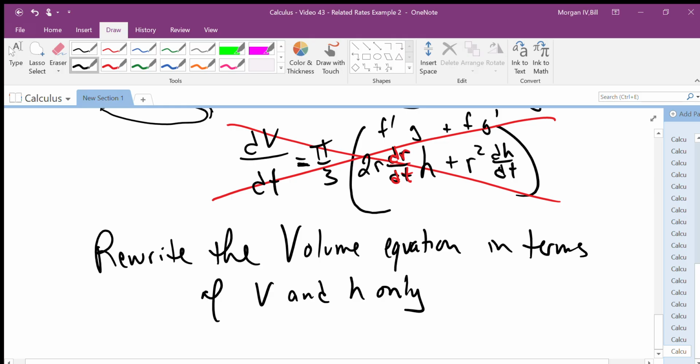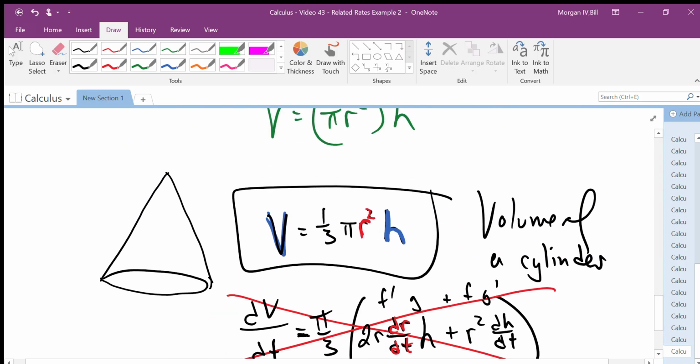In order to do that, I have to somehow relate R with one of the other variables, either V or H, and substitute it in. Okay, so I need this secondary equation that relates R with one of the two variables, V or H, and just do a substitution, right? R is now equal to 5H, and therefore instead of R, I put a 5H in, and I work the problem that way. So I have only V's and H's.